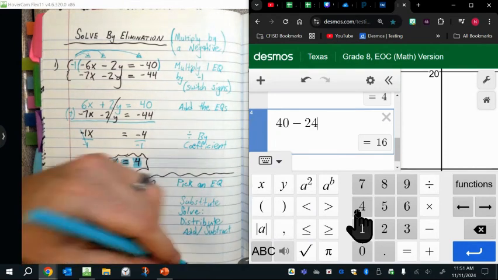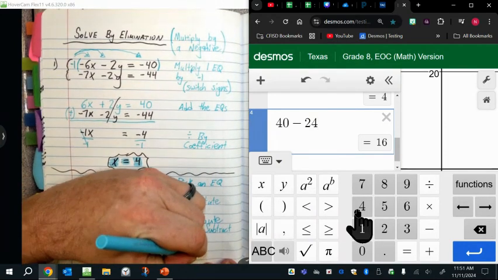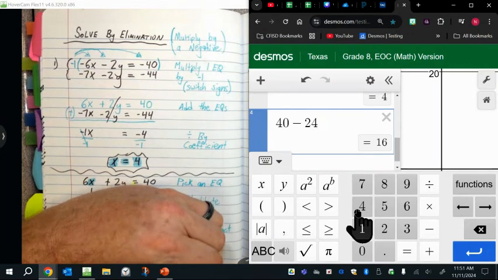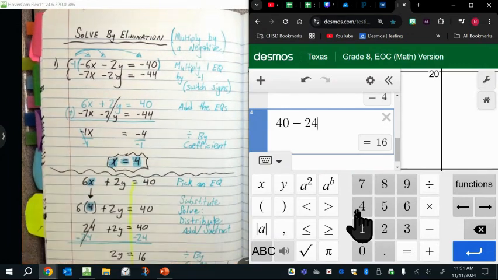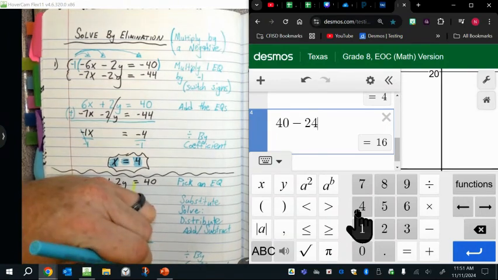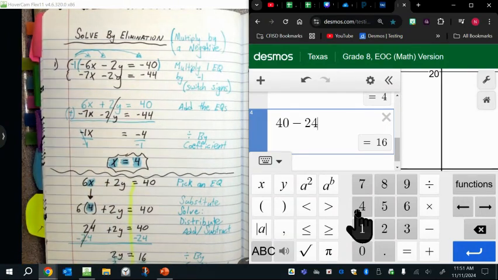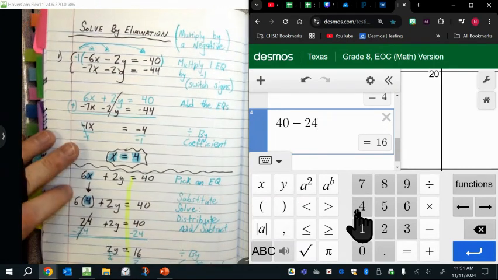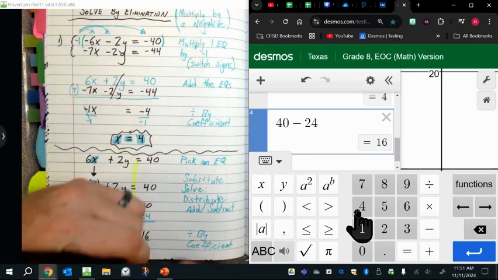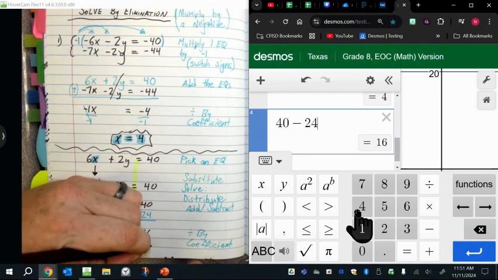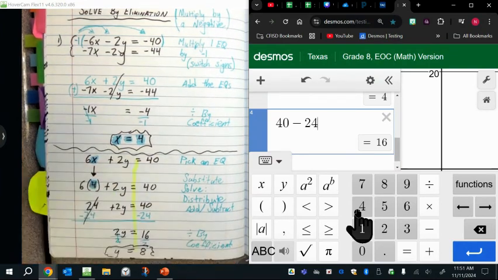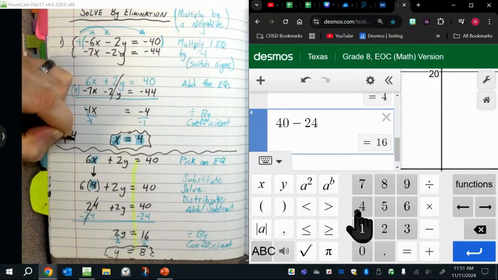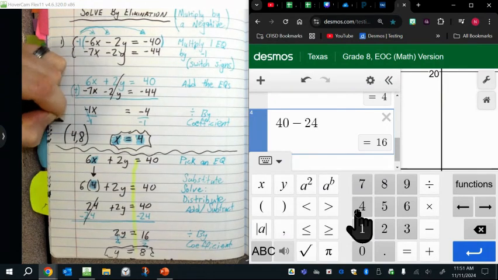And then we will divide by our coefficient. And so if I divide by 2, I get a value that y is equal to 8. So the solution at which they cross is 4, 8.